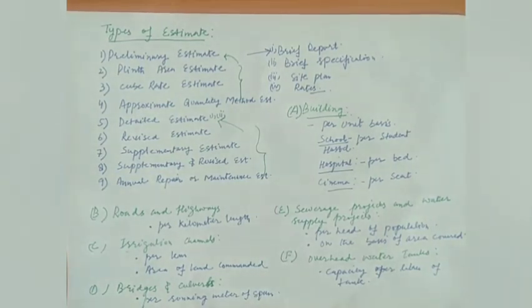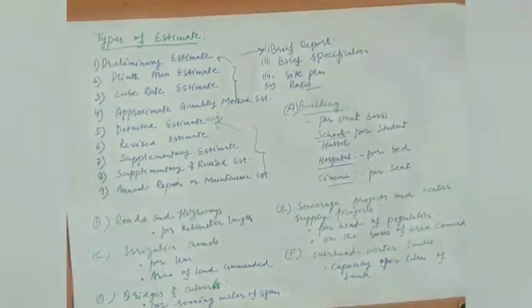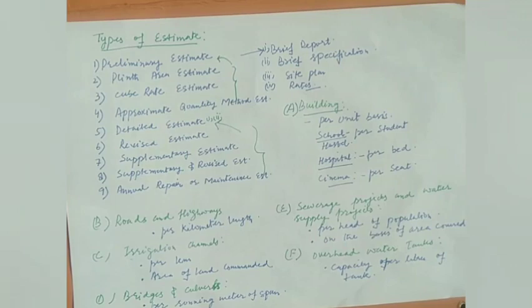Another type of estimate we have is the supplementary and revised estimate. Now, talking about the supplementary and revised estimate, when a work is partially abandoned or the estimated cost of the remaining work is less than 90% of the original work, or when there are material deviations and changes in design which can save cost in the estimate, then the amount of the original estimate is revised by the authority.